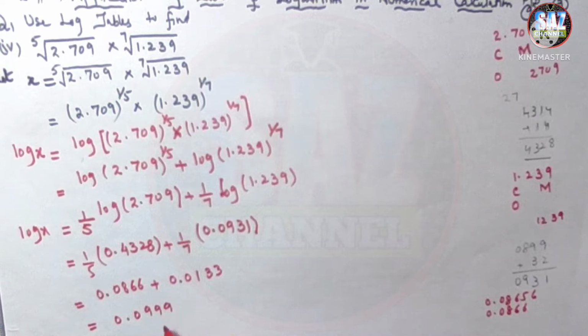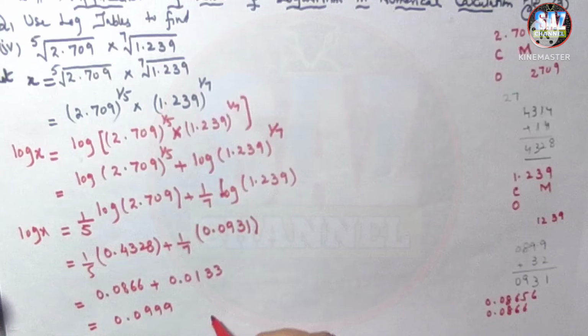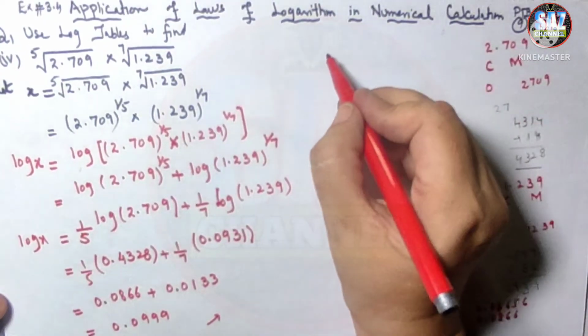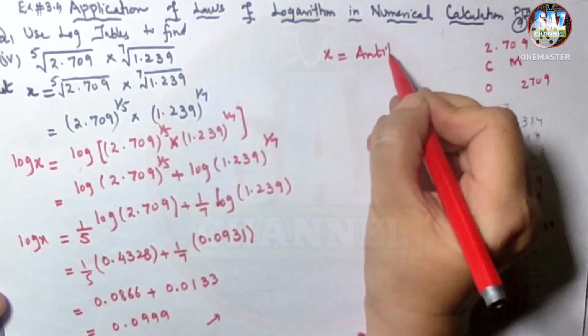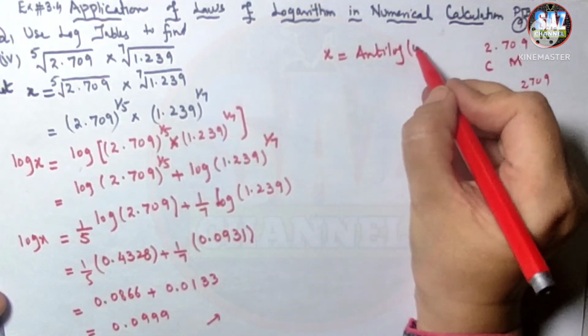0.0999, the log of x. And now what I have to do is, let me go up, that x equals what? Anti-log of 0.0999.